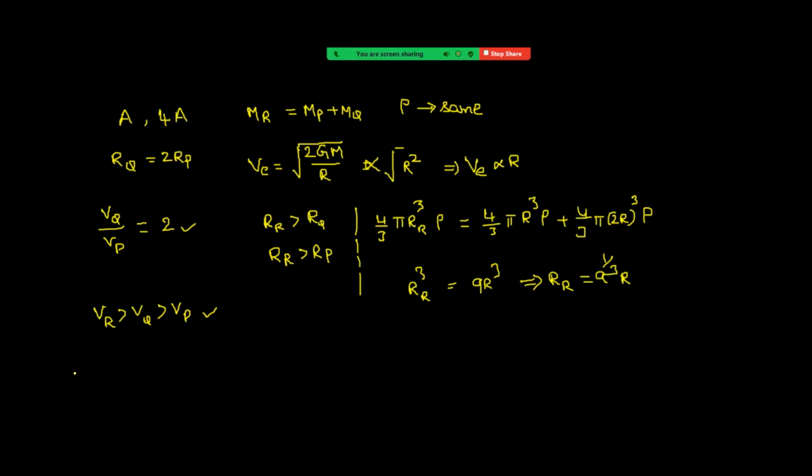That means when it comes to VR by VP, that will be 9 power 1 by 3 R by R. It is 9 power 1 by 3. That means it is not equal to 3. Okay. So like this we can solve the problem. See next one.